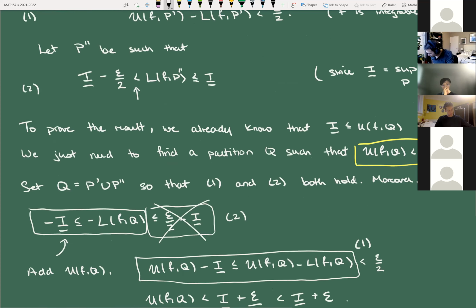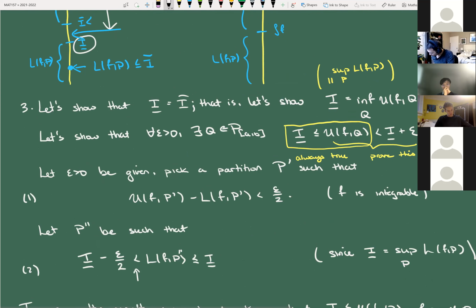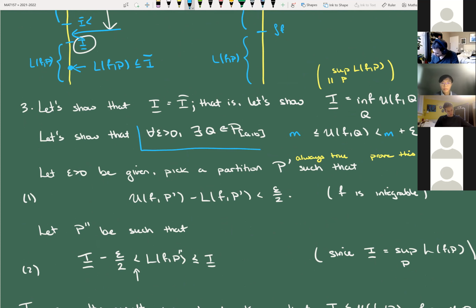Okay, so basically what I'm doing here, let me change this and then I'll change it back. Let me write little m here. This is the definition of what it means for m to be the infimum of the upper sums.